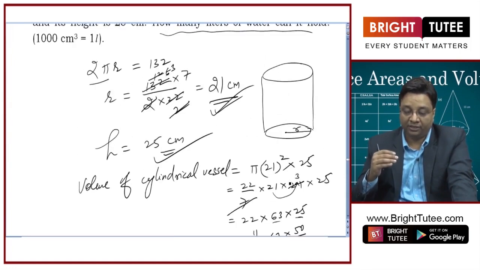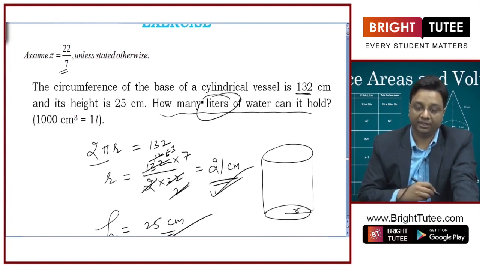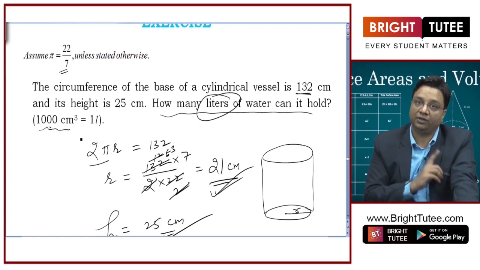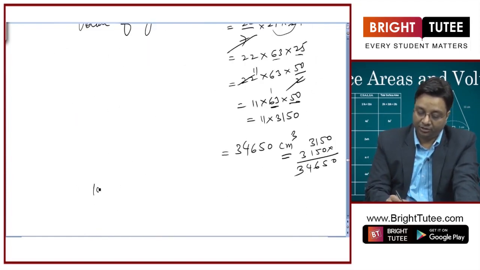How much water can it hold in liters? How many liters of water can it hold? We know that 1000 centimeter cubes is equal to 1 liter.